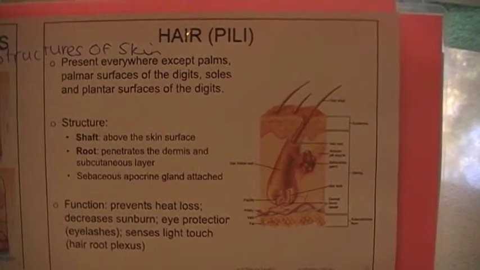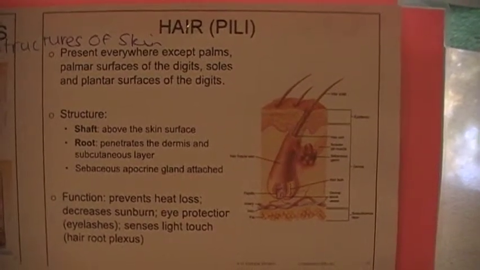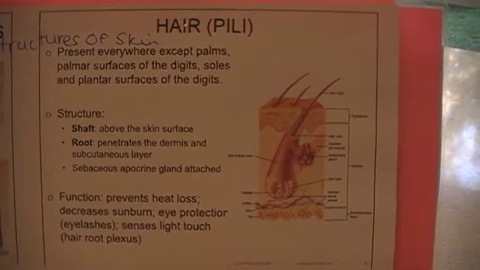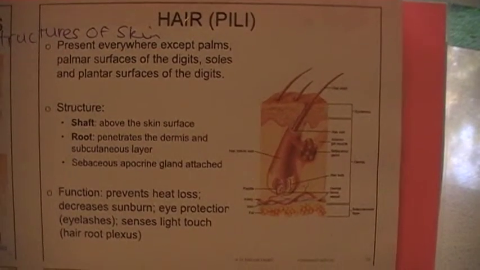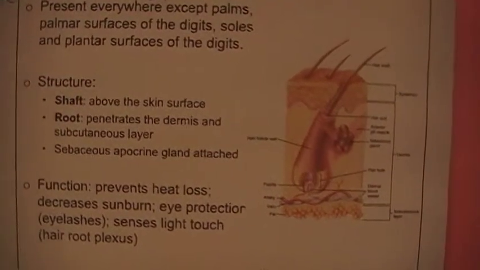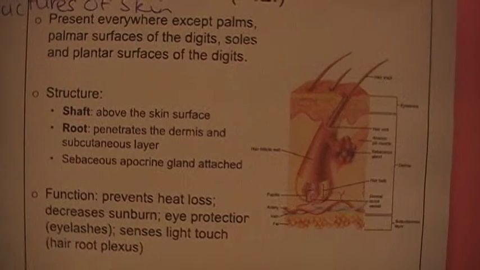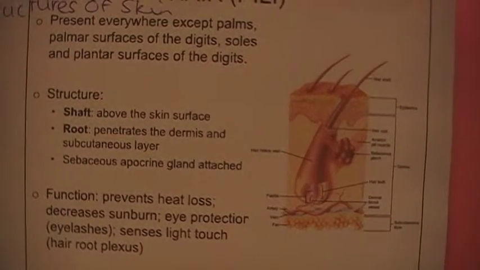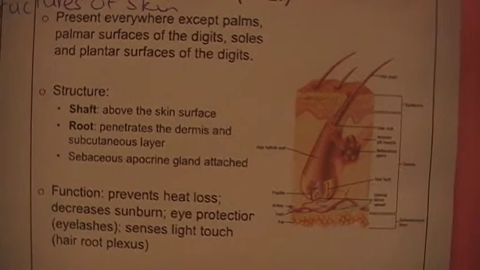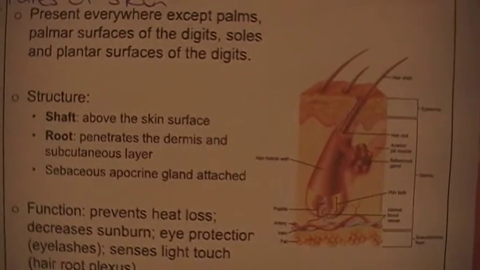Present everywhere apart from palms, soles, and plantar surfaces of digits. The shaft is above the skin. The root penetrates the dermis. It has a sebaceous gland attached.